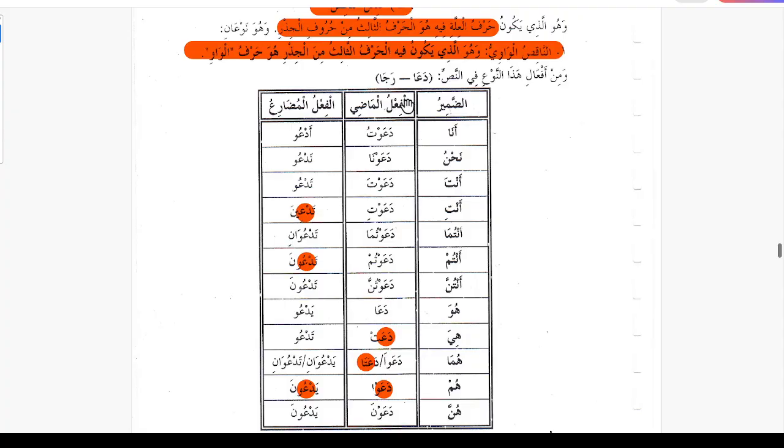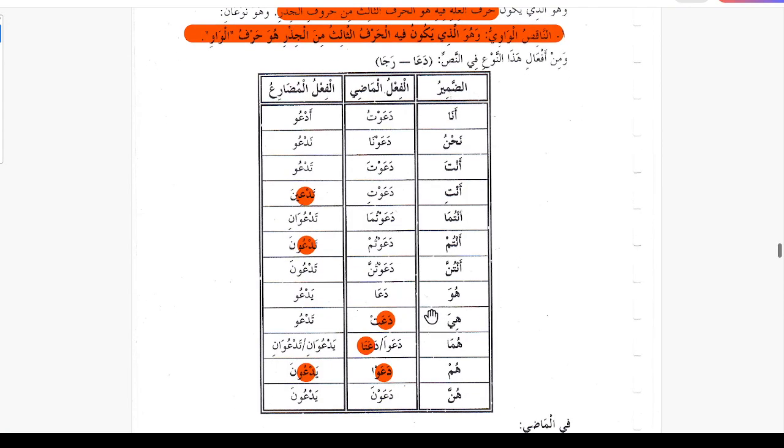So for the case of da'a, we can conjugate it like this: huwa da'a, huma da'awa, hum da'u, hiya da'at, huma da'ata, hunna da'auna, anta da'autu, antuma da'autuma, antum da'autum, anti da'uti, antuma da'autuma, antunna da'autunna, ana da'autu, nahnu da'una.